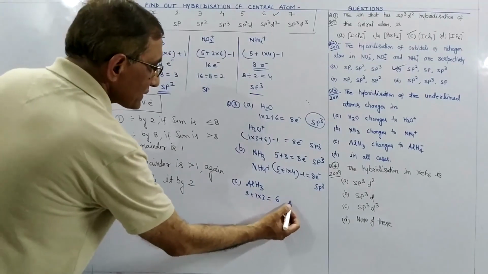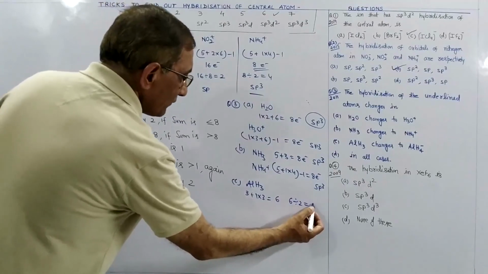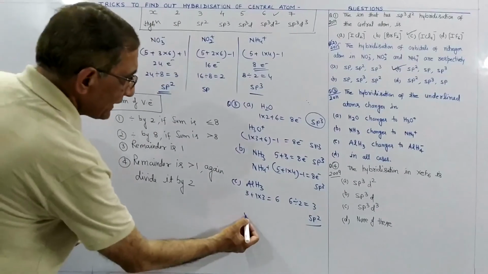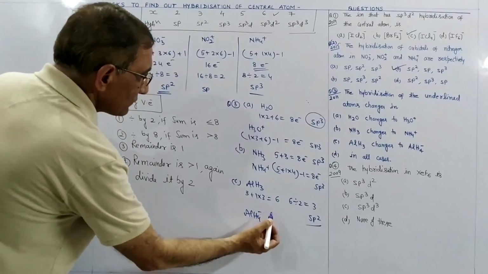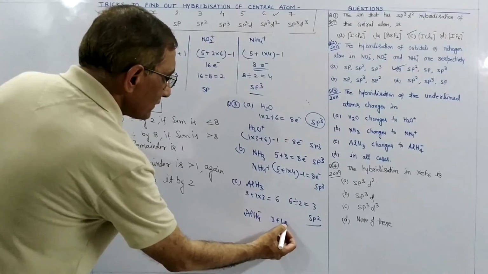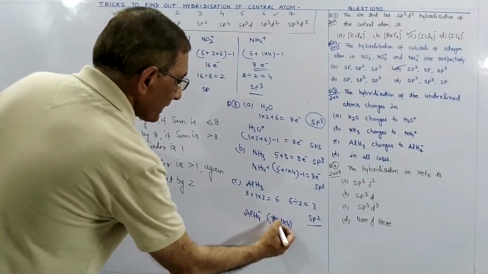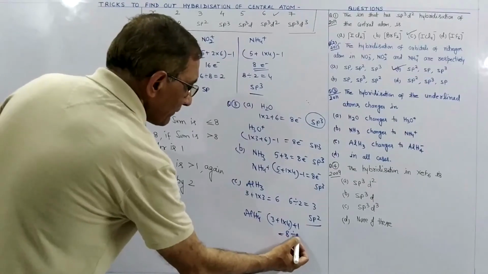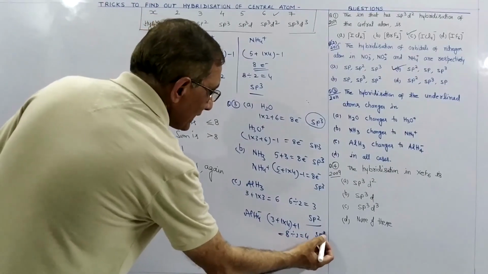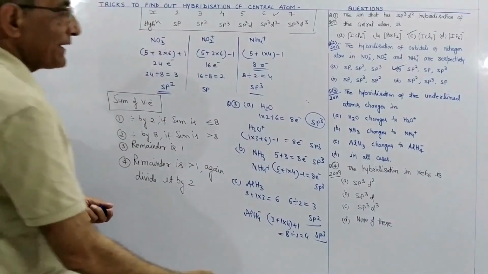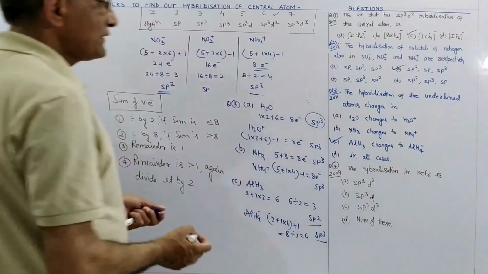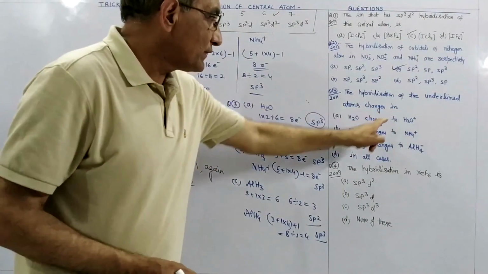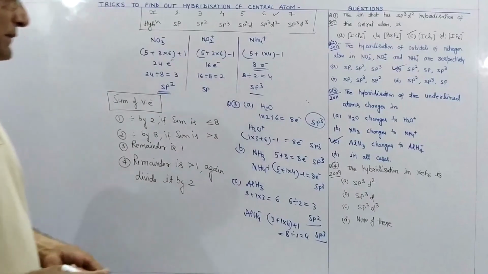It will be 6. 6 divided by 2 will be 3. It means hybridization is sp2. And AlH4 minus students, it will be 3 plus 1 into 4 plus 1. This will be 8. 8 divided by 2, 4. So hybridization is sp3. It means hybridization is changing when AlH3 changes into AlH4 minus. In the other cases it is sp3 in both.